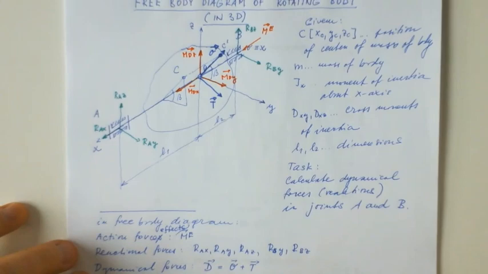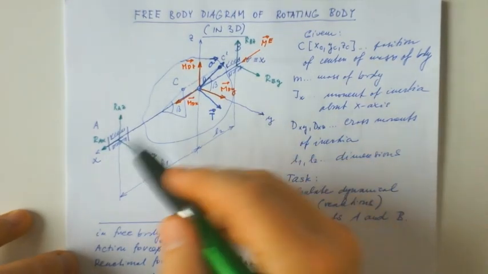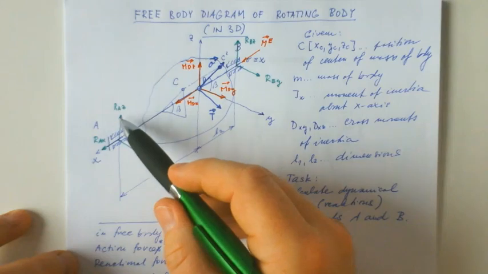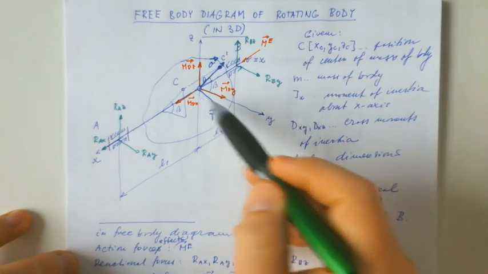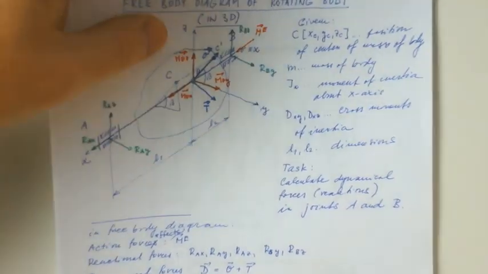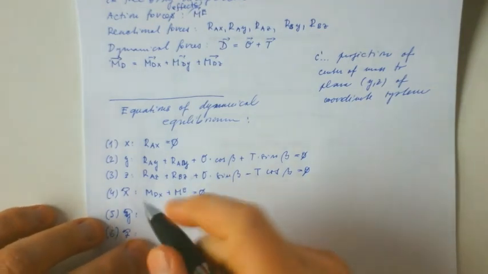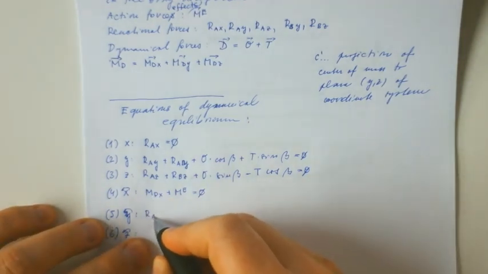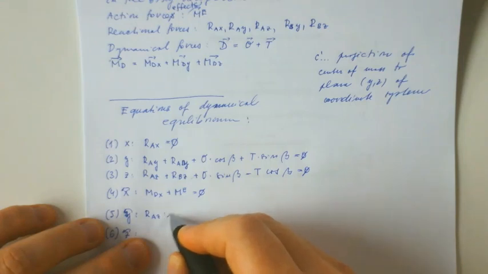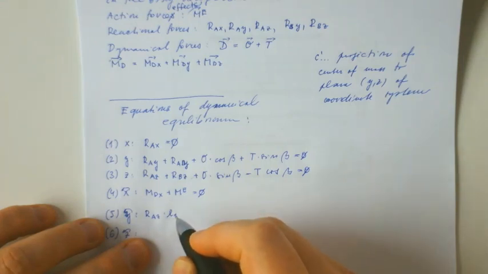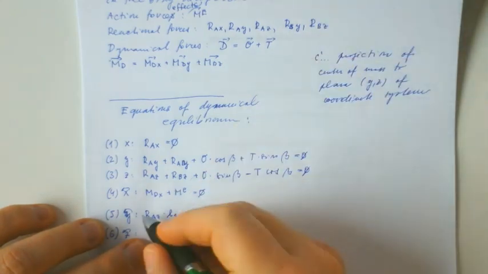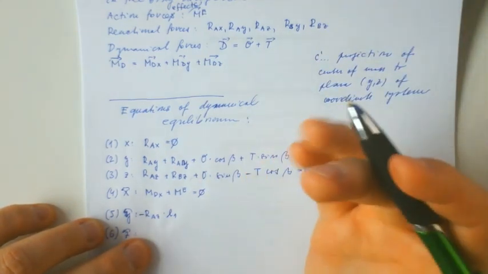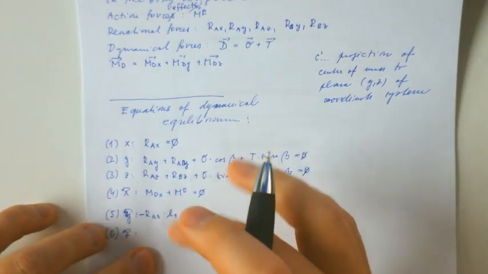What about moments about the y-axis? So we have RAZ on L1 rotating around the y-axis. So this is RAZ by L1, and if we consider that it is a negatively oriented moment with respect to the right hand rule, it doesn't matter, it's only some rule.